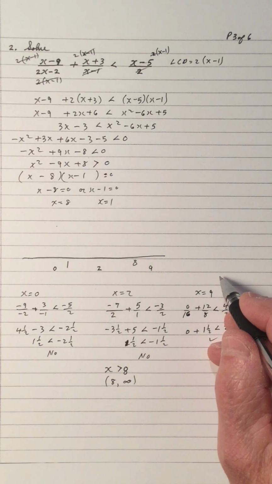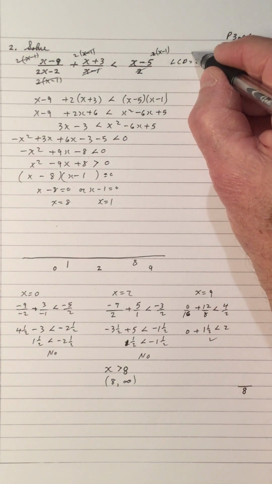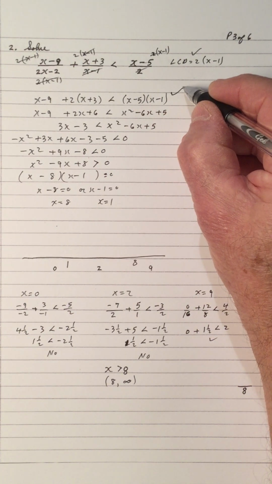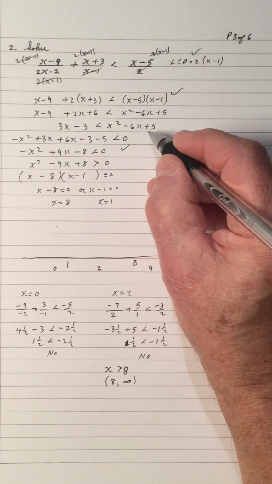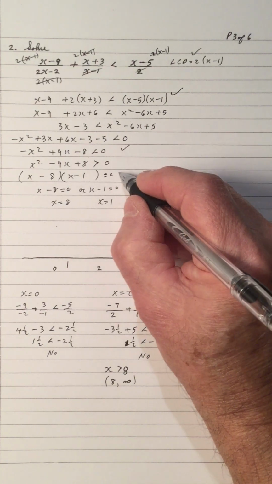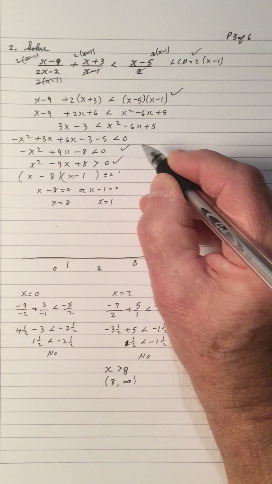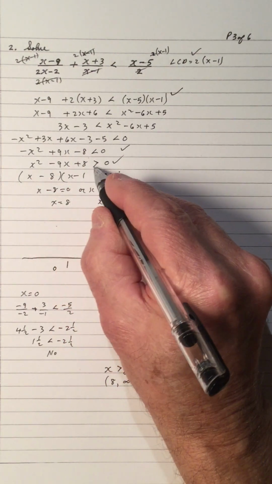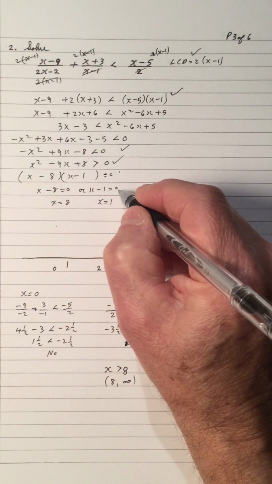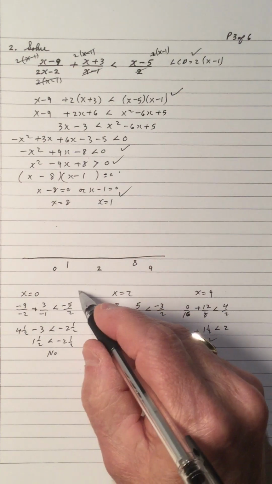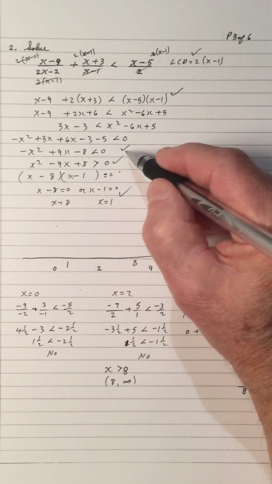And we have 8 marks, so the 8 marks are going, LCD is a mark. If you got this equation here, you got a mark. If you simplified it down to here, you got a mark. And if you picked up the two solutions here for 8 and negative 8, this one, if you got rid of the negative and changed the inequality, if you got your two values of x, you got a mark. And if you did each of these, that's 1, 2, 3, 4, 5.